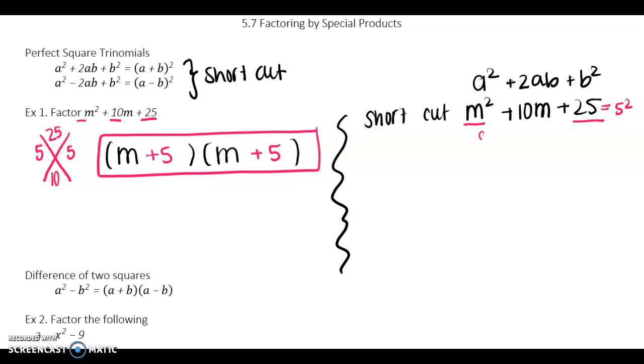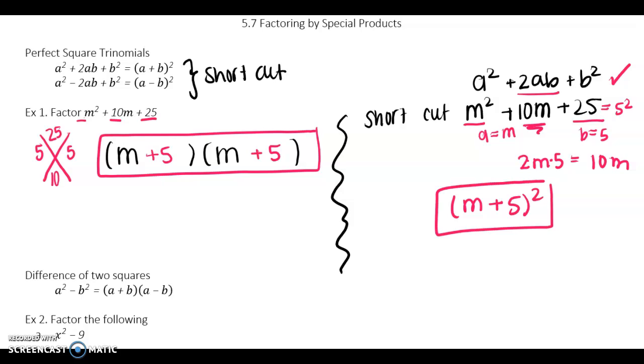So your a is m and then your b is 5. If you do 2ab, so 2 times a times b, and multiply those all out, you get 10m, which is that middle part. So in other words, this formula works, and you could rewrite it. Since you know your a is m and b is 5, it's m plus 5 squared, and so that would be the shortcut.